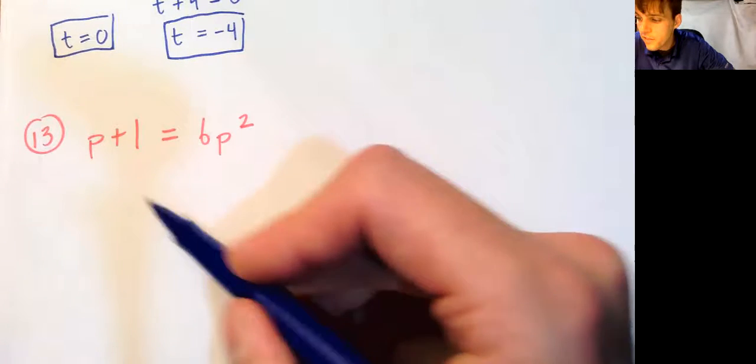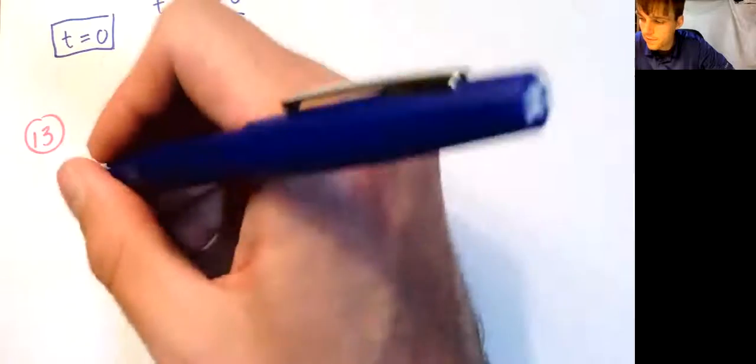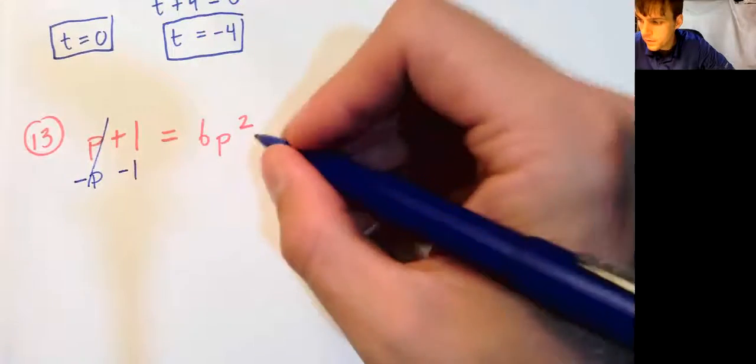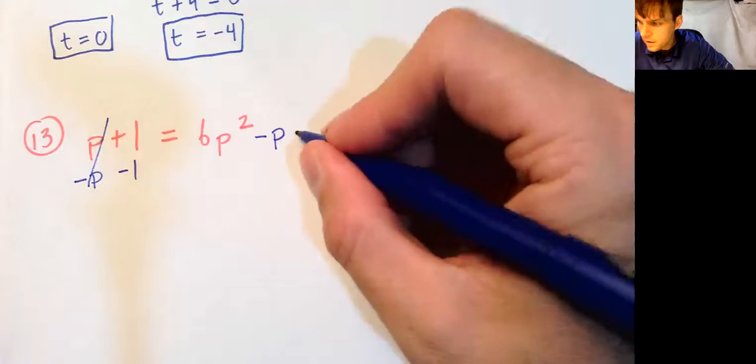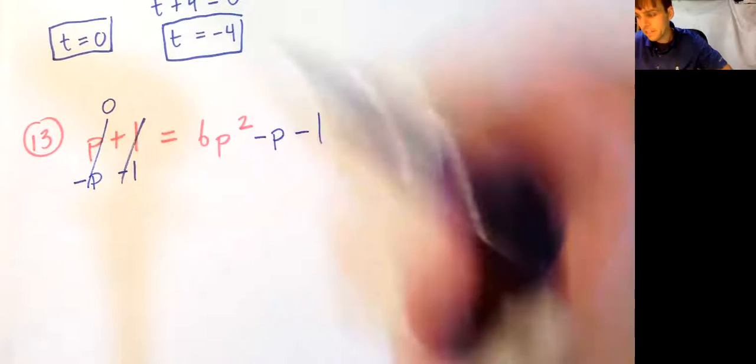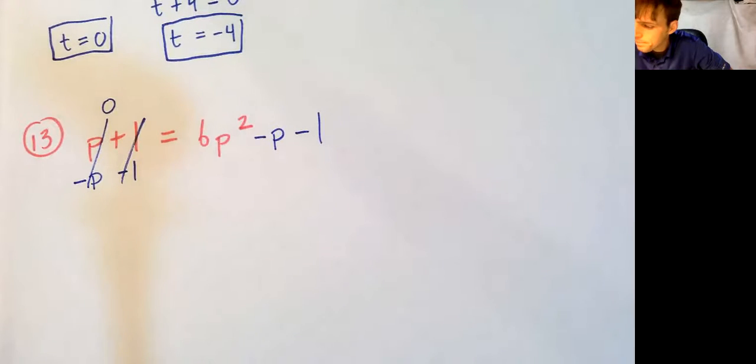So instead, I'm going to move everything else over to the right side. So I'm going to subtract p, and I'm going to subtract 1. So subtracting p and subtracting 1, that's what we end up with, right? We end up with 0 on this side. Now it is in standard form.